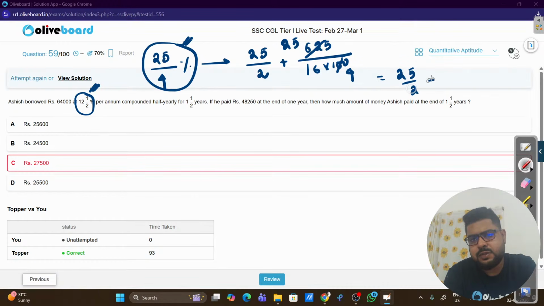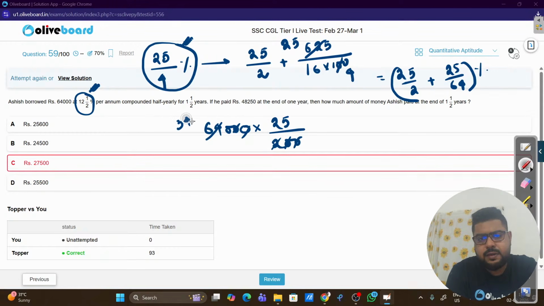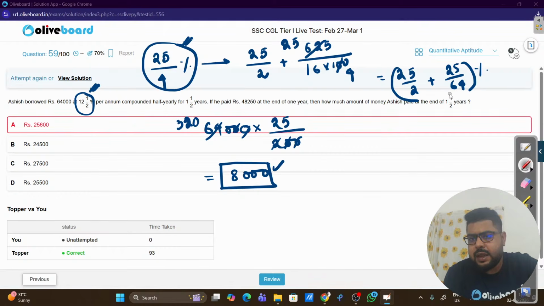I'm getting the same thing. 6,400,000 into 25 by 200, let's do. So this is 320. Arey yaar, 320 meaning, sir, this is 8,000, and this part will be 64,000.